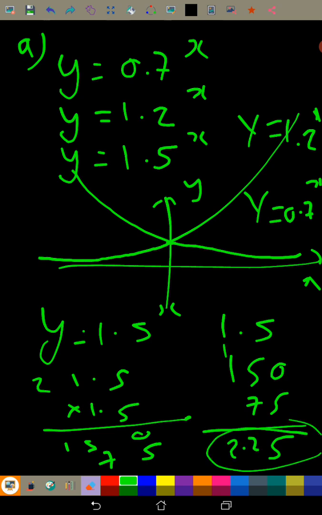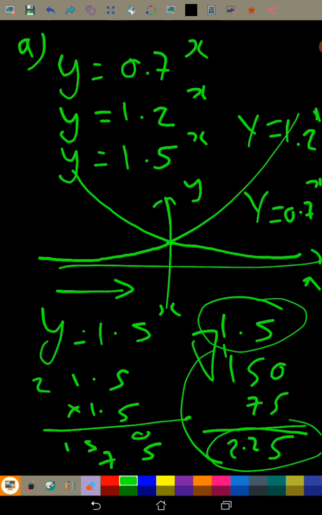We have 2 points here. So from this to this, we see that it's increasing. So when x increases, y increases as well.